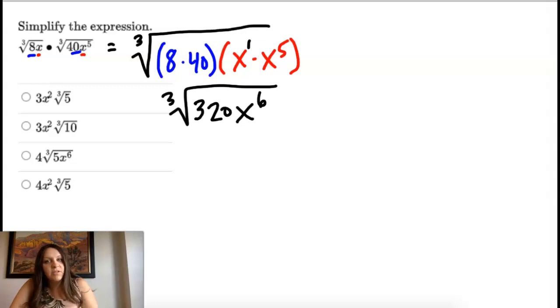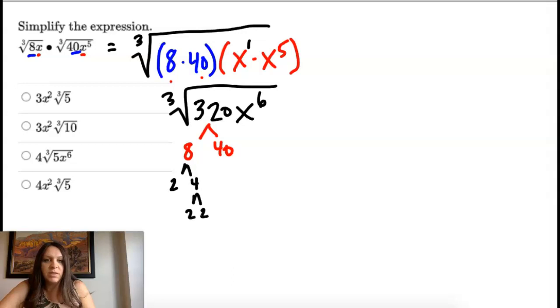All right, so there's no options here, right? So we're going to have to factor this down a little bit. So 320 simplifies to 8 times 40. I'm just going to use that because we just used it. And then get some factors. So that's really 2 times 4, 2 times 2. 40 is 2 times 20, 2 times 10, 2 times 5.